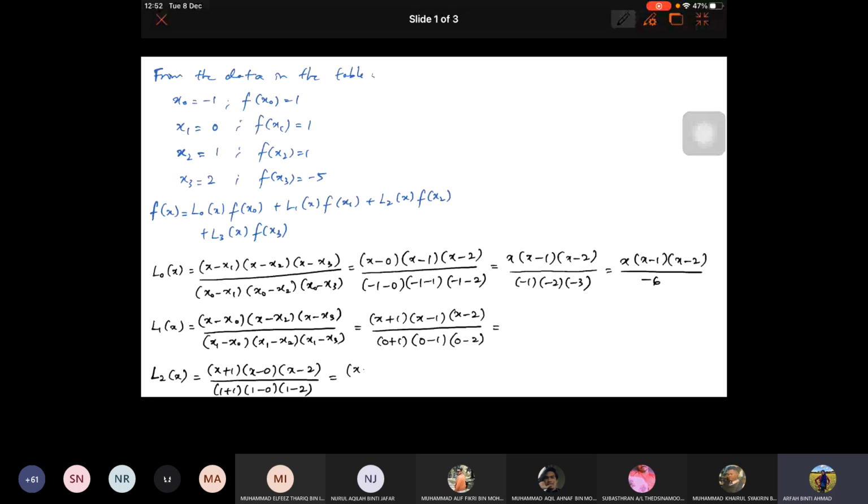So dapat x plus 1, x, x tolak 2 over 2 kali 1 darab negatif 1.